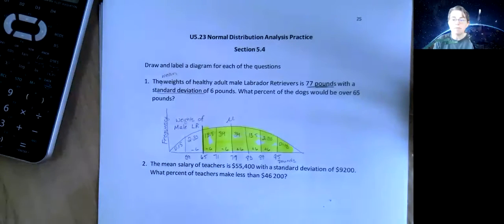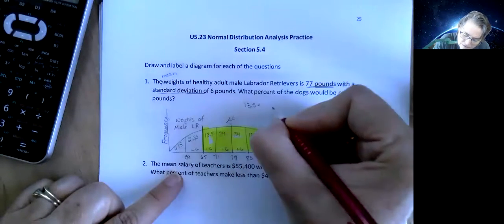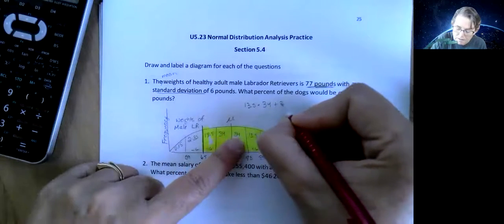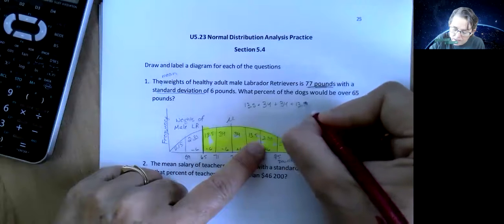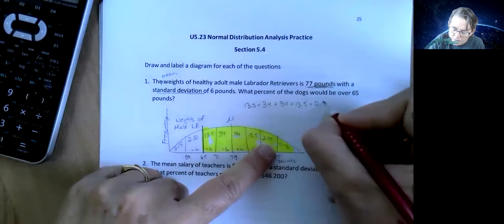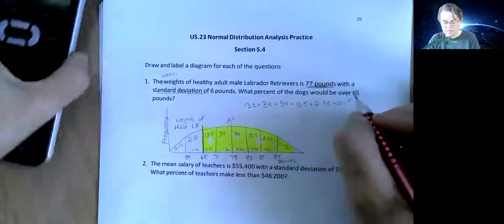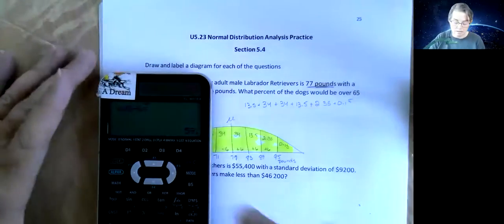So two ways. I can go 13.5 plus 34 plus 34 plus 13.5 plus 2.35 plus 0.15. I predict 97.5%, but I don't know.